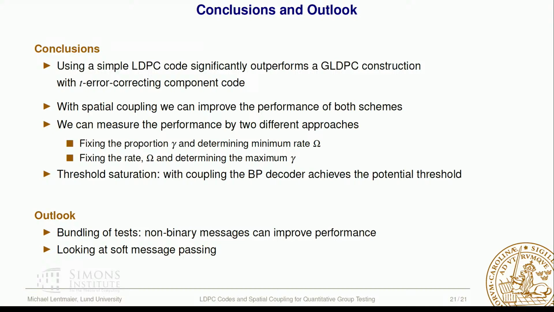These two views of what we change for computing thresholds we have seen, and we have proved saturation to the potential threshold. And what we are currently working on is looking at some variations where we use non-binary messages to improve this further. And we do this by bundling tests together in groups so that we have a higher alphabet in the message passing. And in the future, maybe we look at more soft decoding here. Okay, thank you.